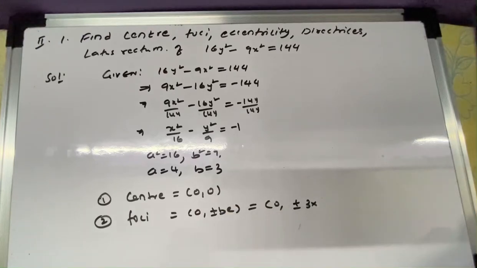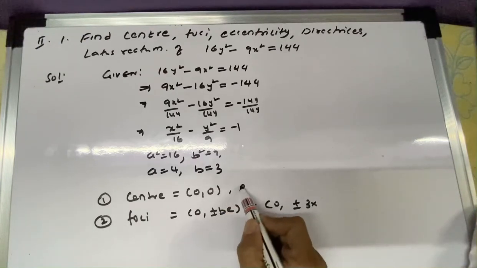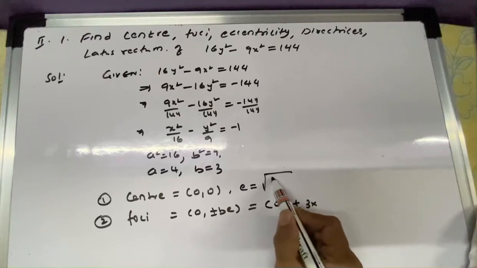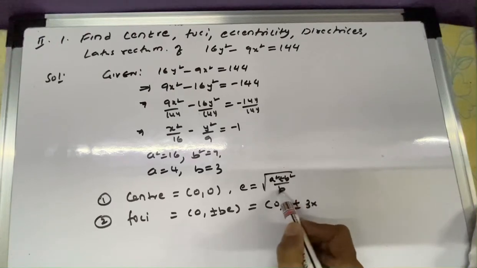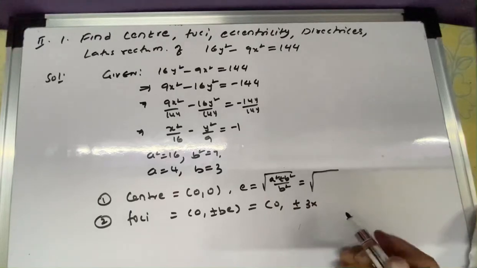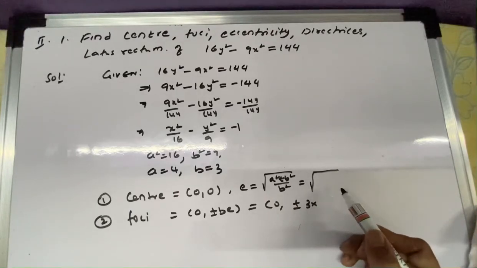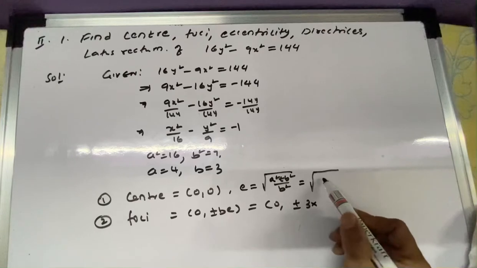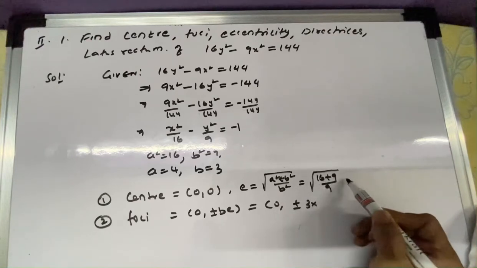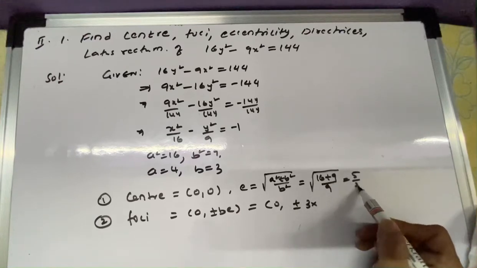E we need. So after the center you can find the eccentricity: root over a square plus b square by b square, because on the right side we have minus 1. 9 times 16, a square plus b square by b square, 25 by 9, 5 by 3.